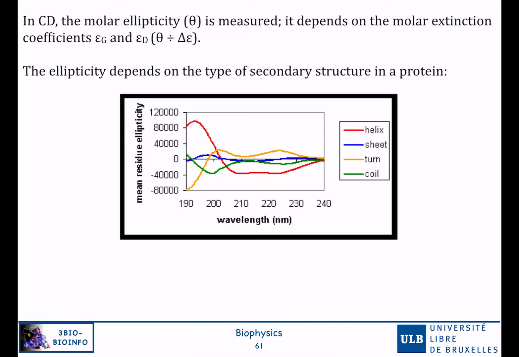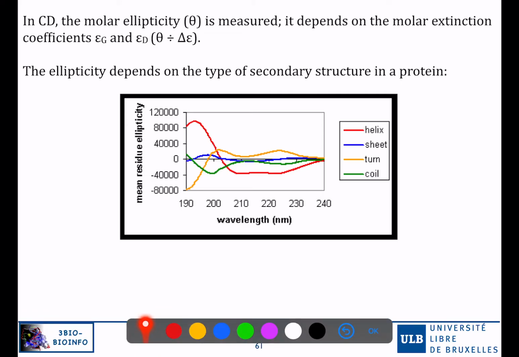And so here you see that the spectrum for helices, here in red, is very different compared to the spectrum obtained for beta sheets or for turn here in orange, and so on. And so you see that according to the spectrum you can deduce the secondary structure content of your protein.